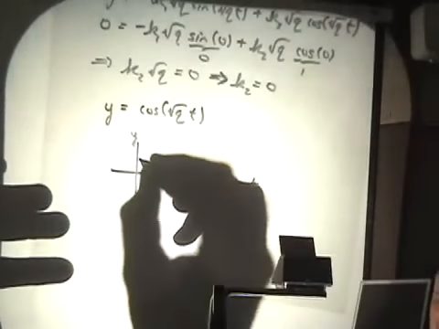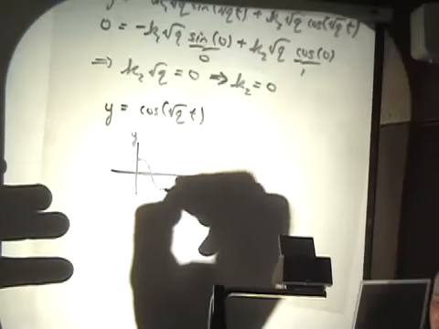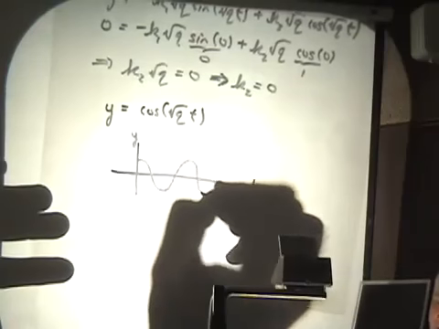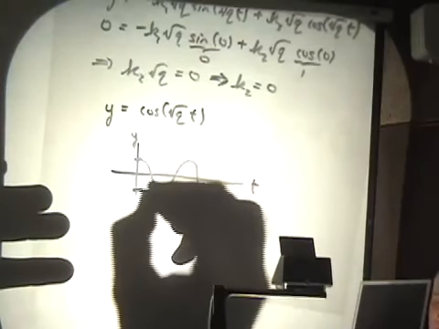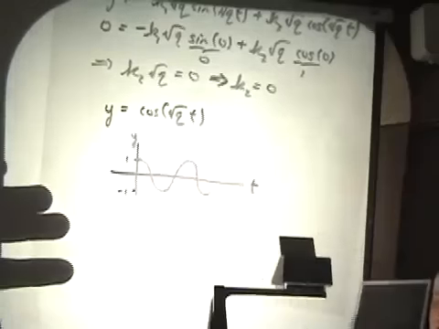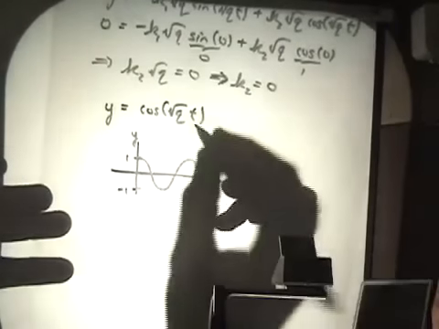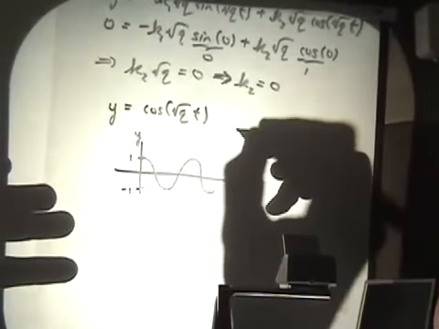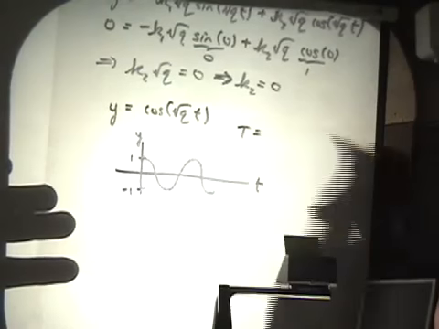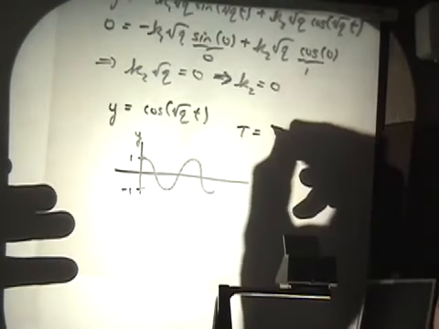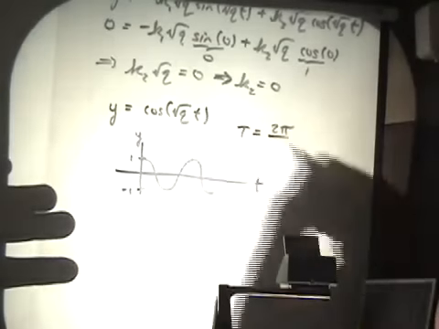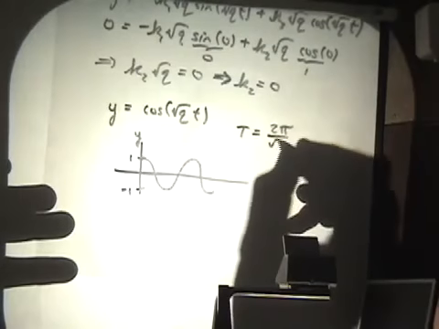A regular ordinary cosine graph, though its period and frequency would be different than the ordinary cosine graph. Its amplitude is 1. The period, which people typically call a capital T, is going to be 2 pi divided by the multiplier of the little t, square root of q.